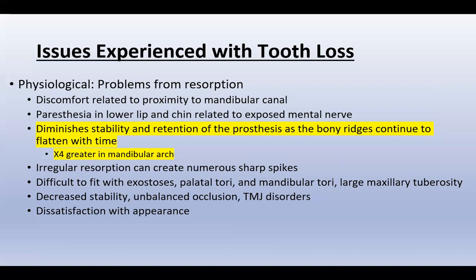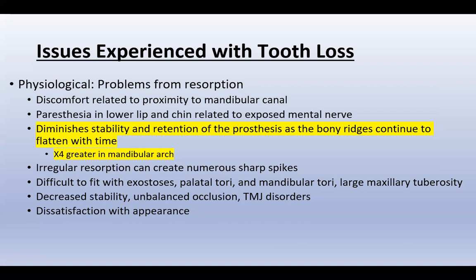Dentures are difficult to fit with exostosis, palatal tori, mandibular tori, or a large maxillary tuberosity. So all of those large bony protrusions can cause difficulty. Decreased stability, unbalanced occlusion, and TMJ disorders can all be associated with full dentures, making different aspects of wearing them difficult.